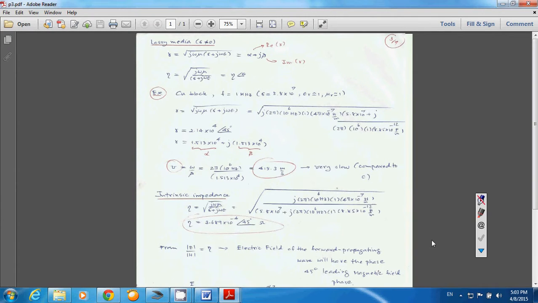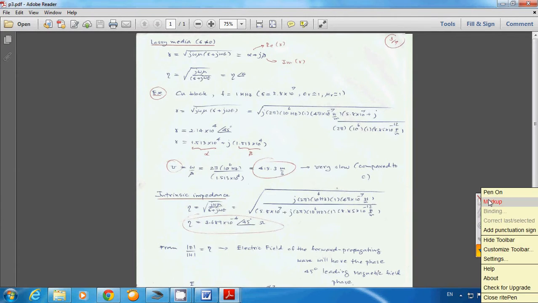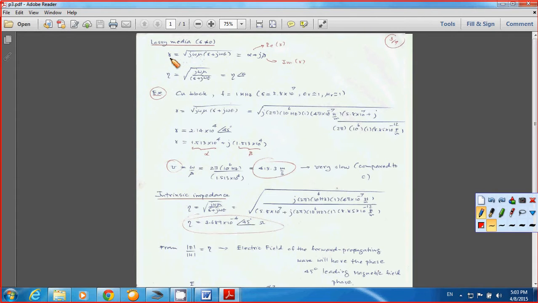Now, when I talk about the wave equation with the parameters gamma, the propagation constant, and eta, which is the intrinsic impedance, earlier I was talking about lossless media, sigma equal to 0.